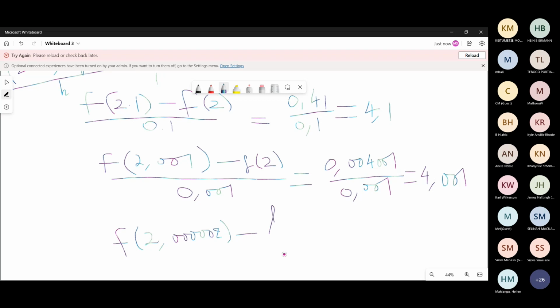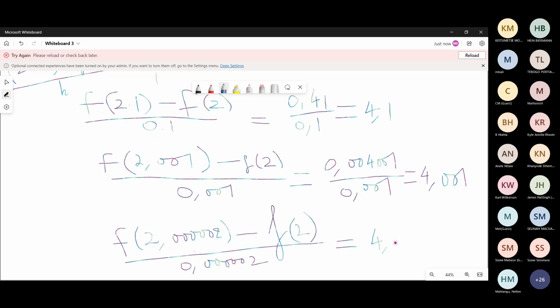Minus f of 2, divided by h. Well, what is h here? It will be 0.00 and so on, a small number with many zeros. What will be the answer there, please? Of course, it will be 4 something.